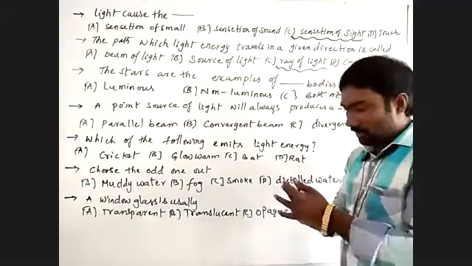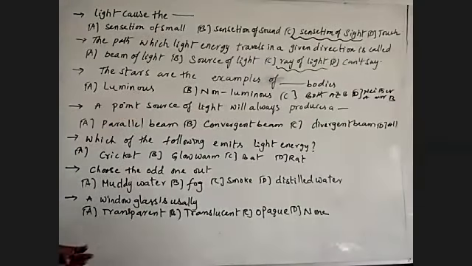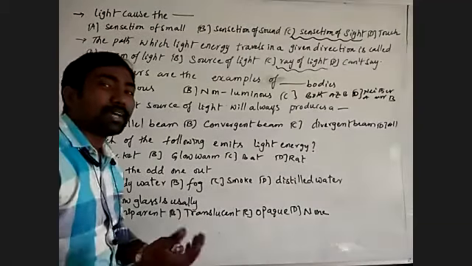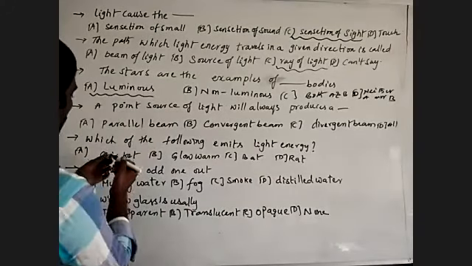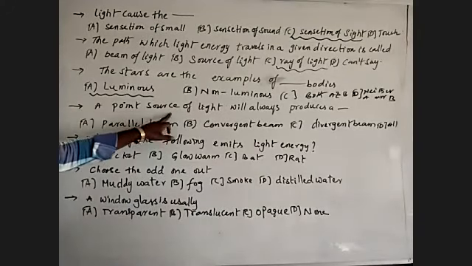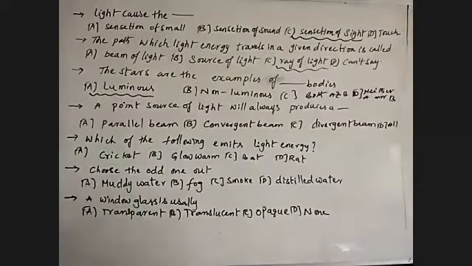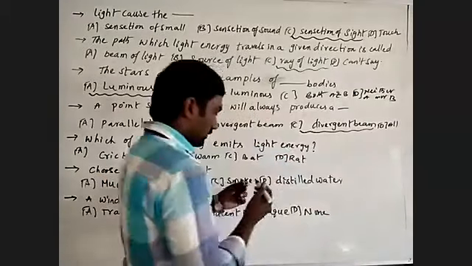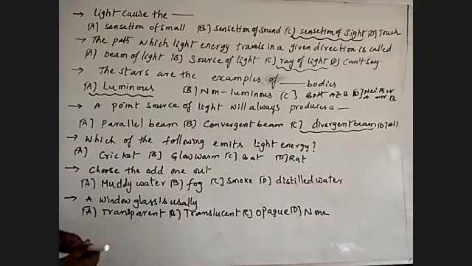Then the stars are the example for bodies which give light by themselves, on their own, already finished. So those are luminous. A point source of light will always produce a divergent beam. Which of the following emits light energy?